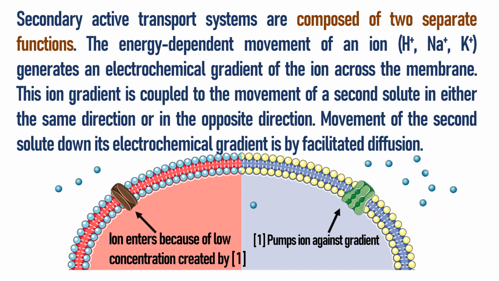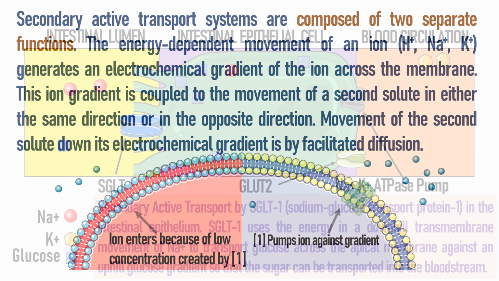The energy-dependent movement of an ion generates an electrochemical gradient of the ion across the membrane. This ion gradient is coupled to the movement of a second solute in either the same direction or in the opposite direction. Movement of the second solute down its electrochemical gradient is by facilitated diffusion.